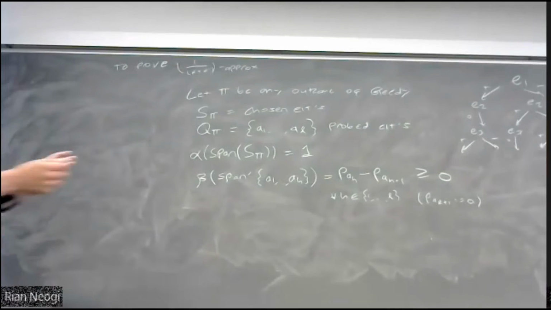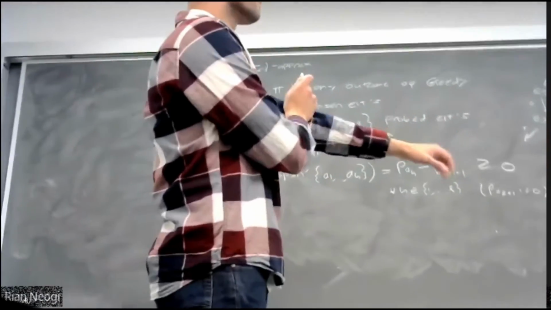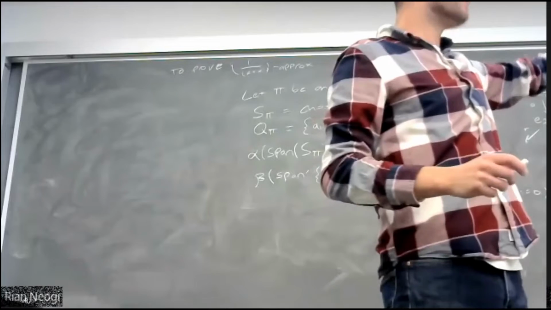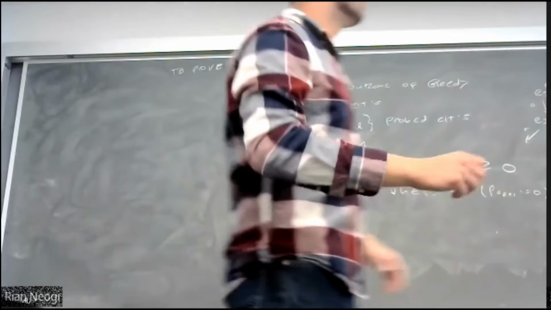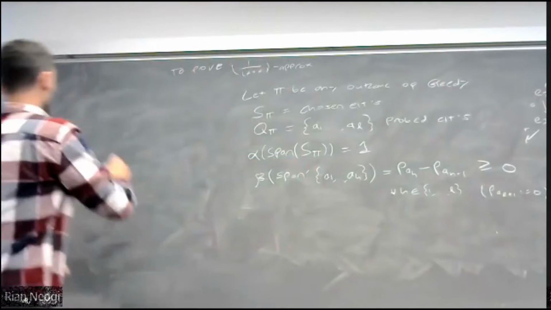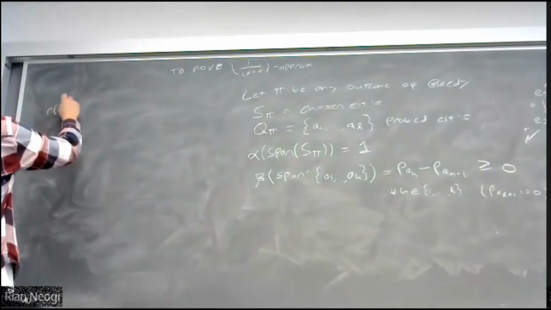Okay, what is the objective value? In the first part, the only alpha value that's non-zero is this one, so we would just get the rank of the span.